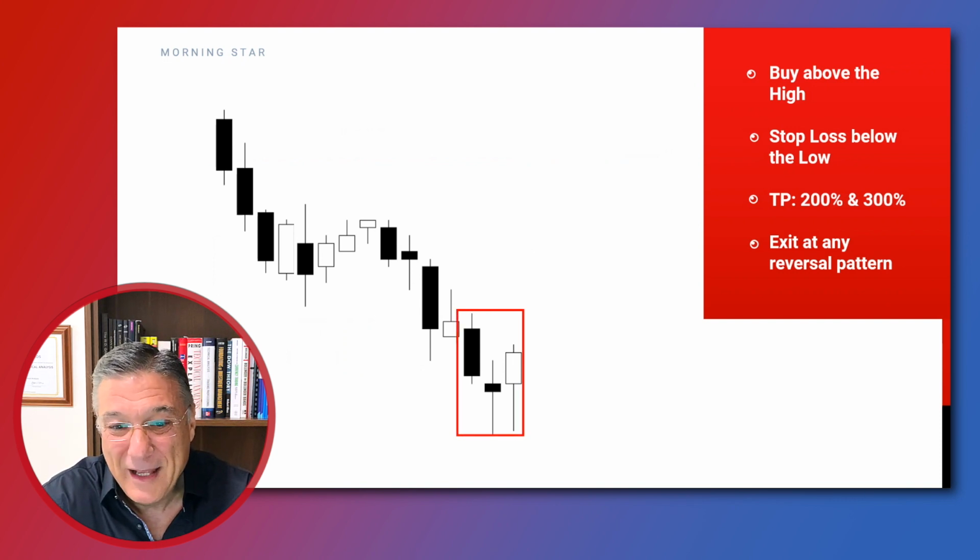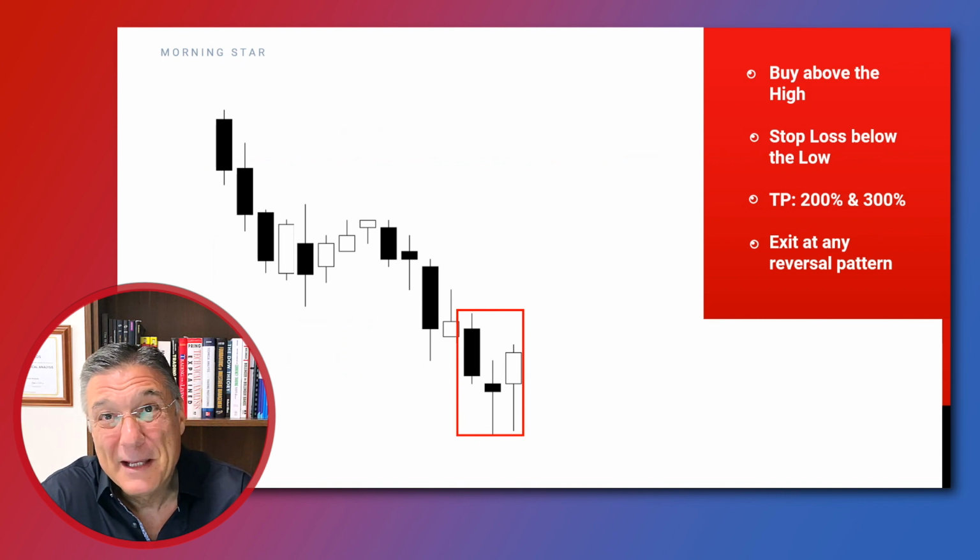Again, at the end of the decline, we identify the morning star, and it's pretty obvious. A long black body at the end of the decline, confirming the direction of the market, is followed by a small body.